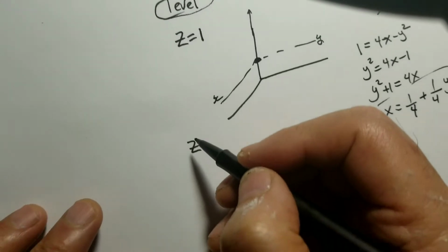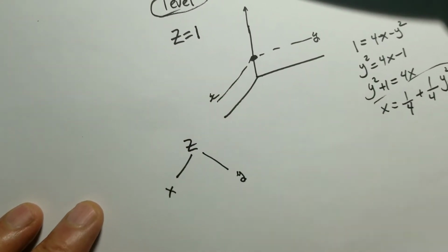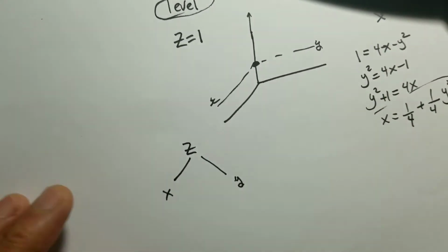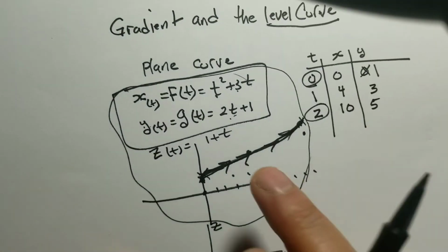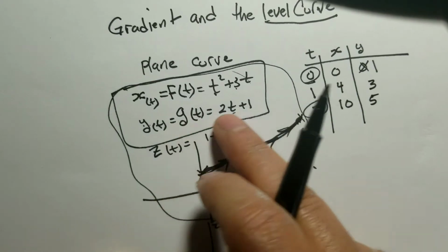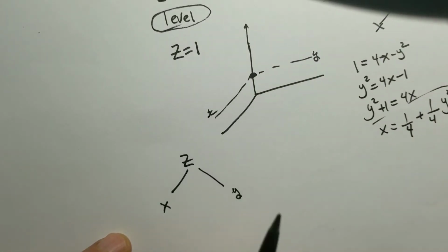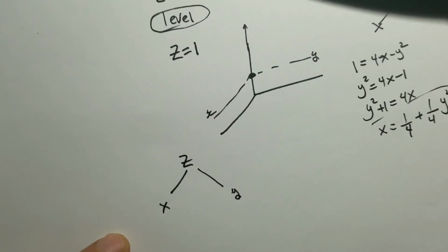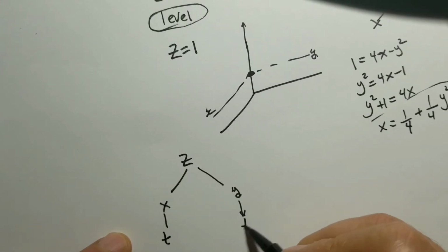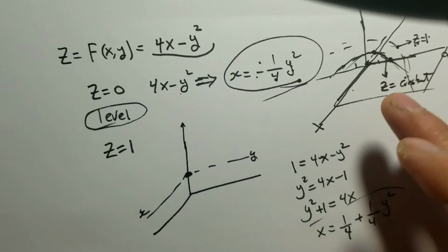Therefore, if z is a function of x and y, but remember I'm talking about a level curve, a level curve is nothing except a plane curve, which means we have to parameterize the plane curve. Means x is going to be a function of t and y is going to be a function of t. Somehow I have to parameterize that curve.